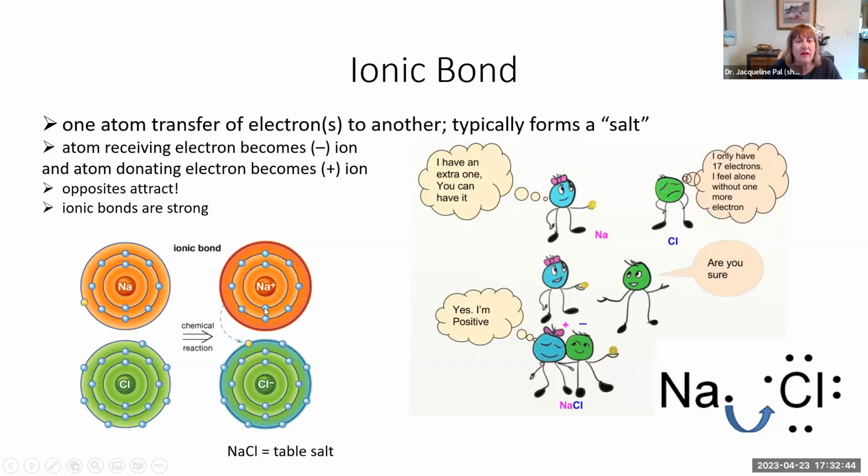This is showing the 10 that sodium is left with after donating. There is the 11th one. And this shows chloride was short 1, and now sodium gave it its 1, and so they both have outer shells that are full. Sodium chloride, that's your table salt. As we know, we can pour table salt and let it sit on the floor, and it'll still be there years later. Very stable ionic bond.